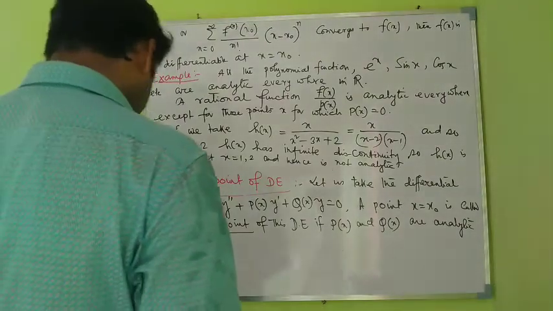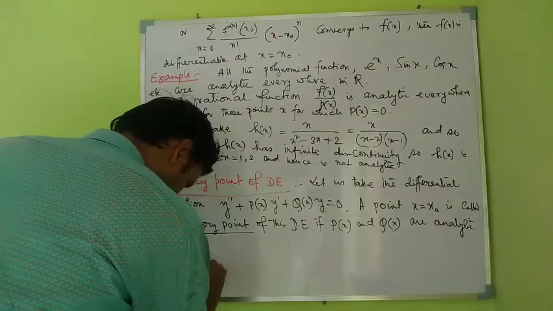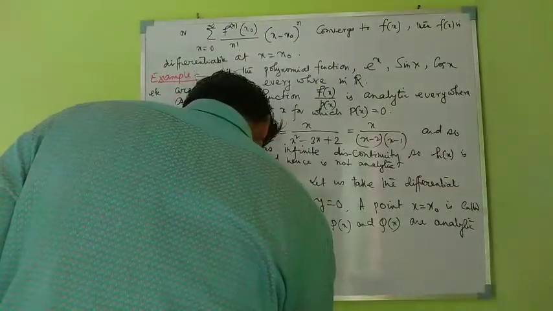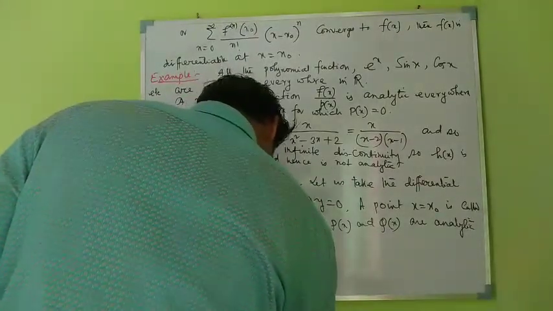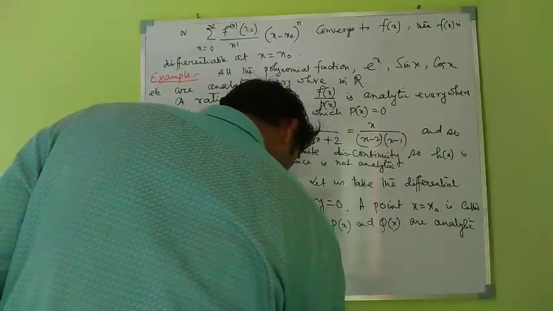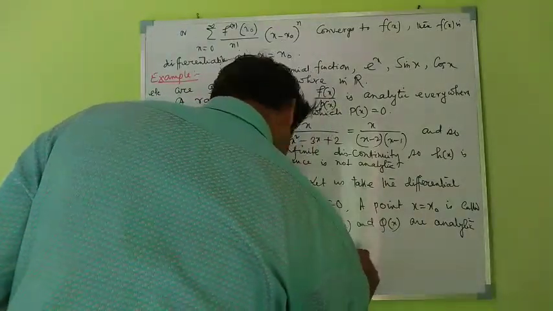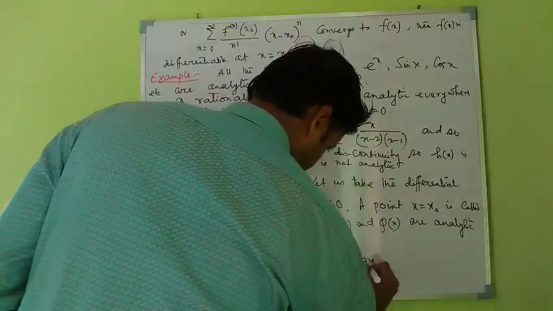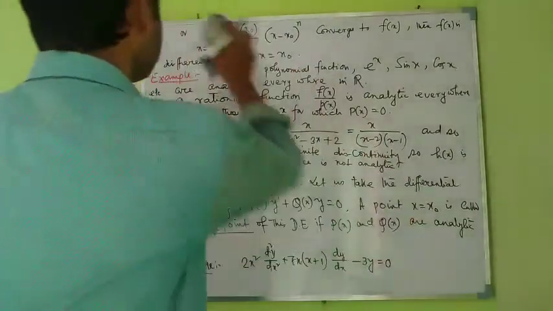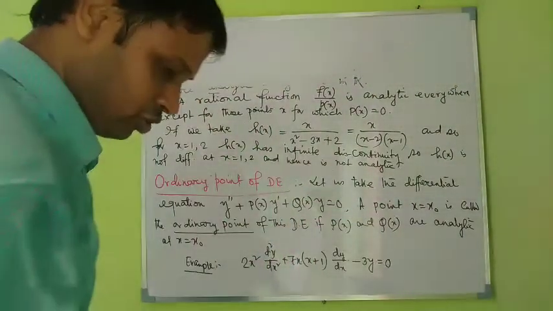Let us cite an example. 2x square d2y dx2 plus 7x into (x plus 1) dy dx minus 3y is equal to 0.